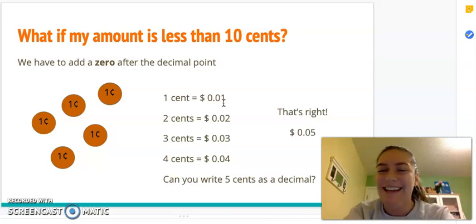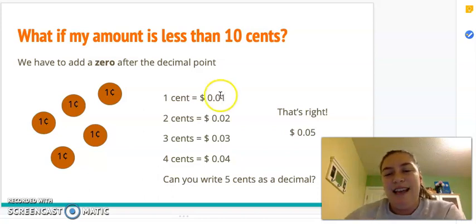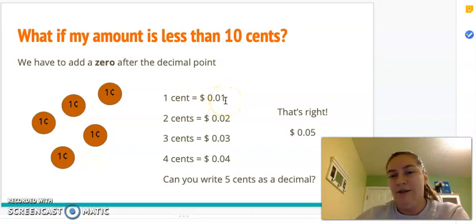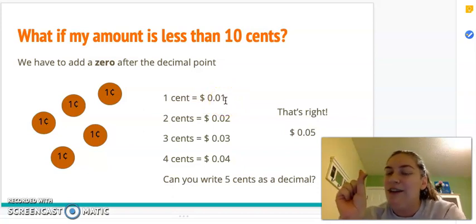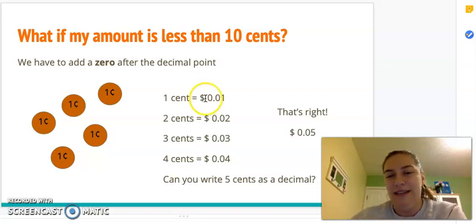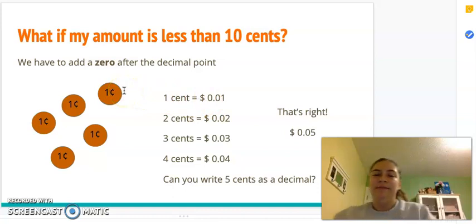We'll talk about it at another time. But this is basically just saying this is 0.01 out of a whole dollar. So it's a tiny little bit of a dollar. So that's why we put the dollar sign up in front, because it's saying what percentage, I guess, of a dollar that this penny represents.